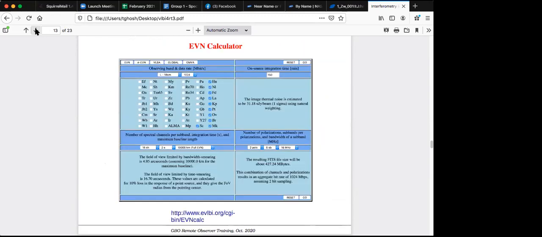And while deciding that, what guides you, what can you use? There's this EVN calculator that anybody planning to propose for a VLBI observation normally uses. This is a very efficient one, and I think all antennas are here. So you fill in what telescopes you want, how much bandwidth, what frequencies, how long integration time. You put all of those in and say go, and it gives you answers.